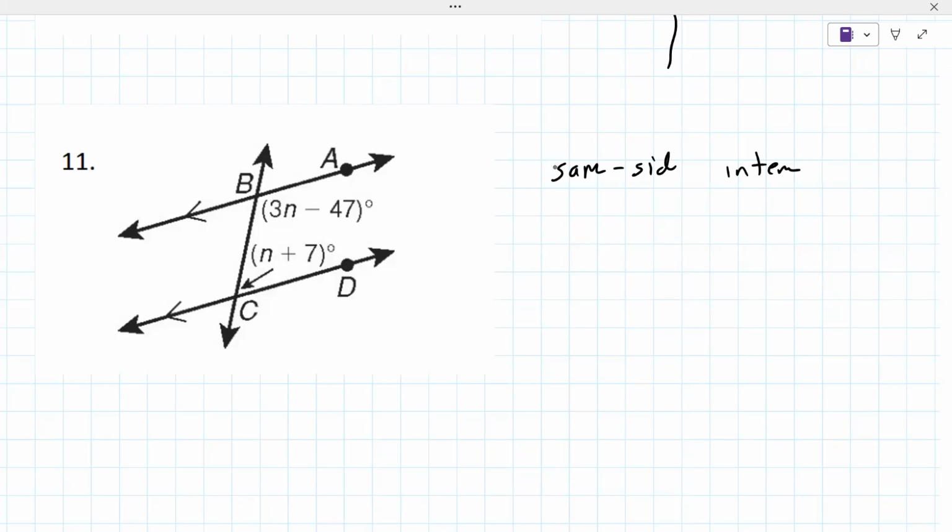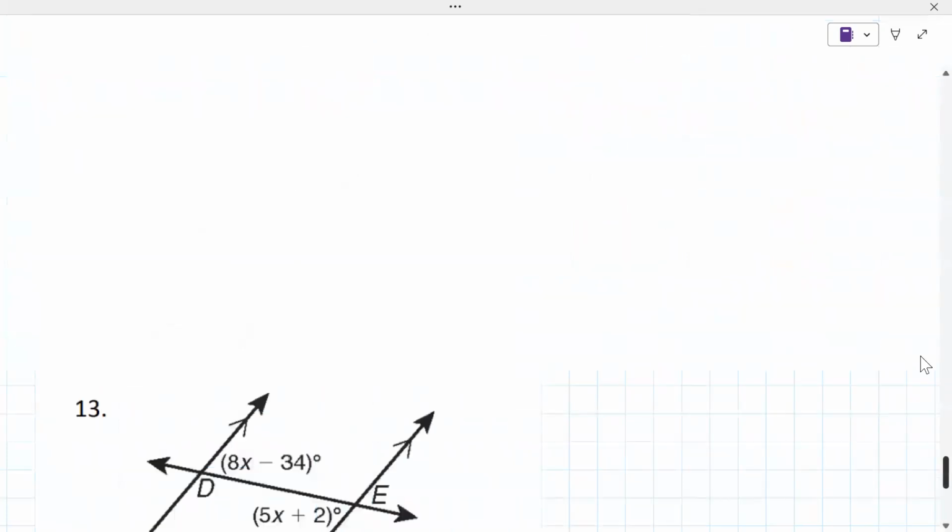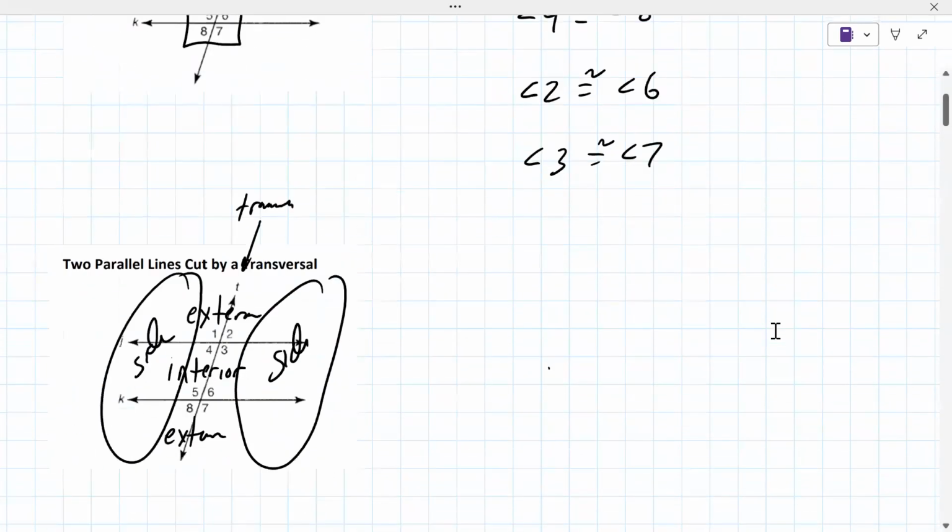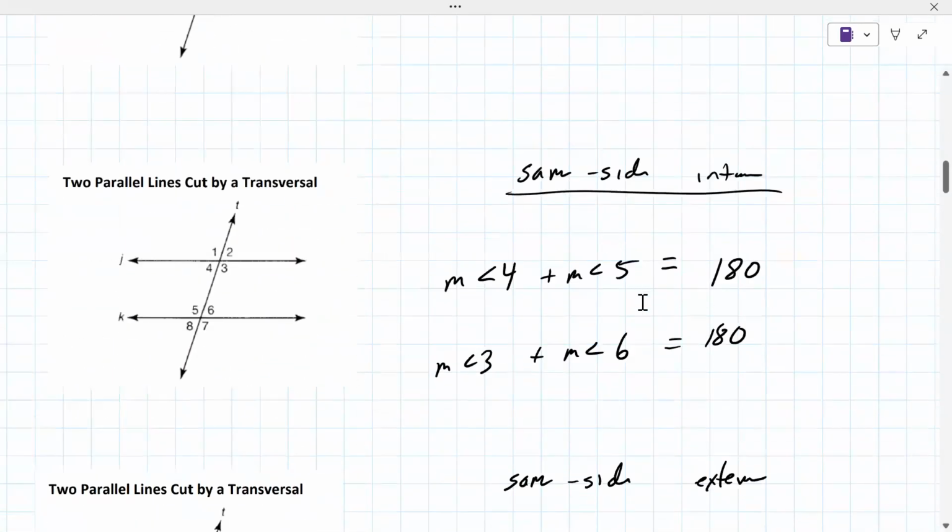Well, I don't have anything that like... Is it that it's equal to a certain number? So we did this right here at the top, same side interior. What equals 180? They add up to 180. Two angles add up to 180. Okay.